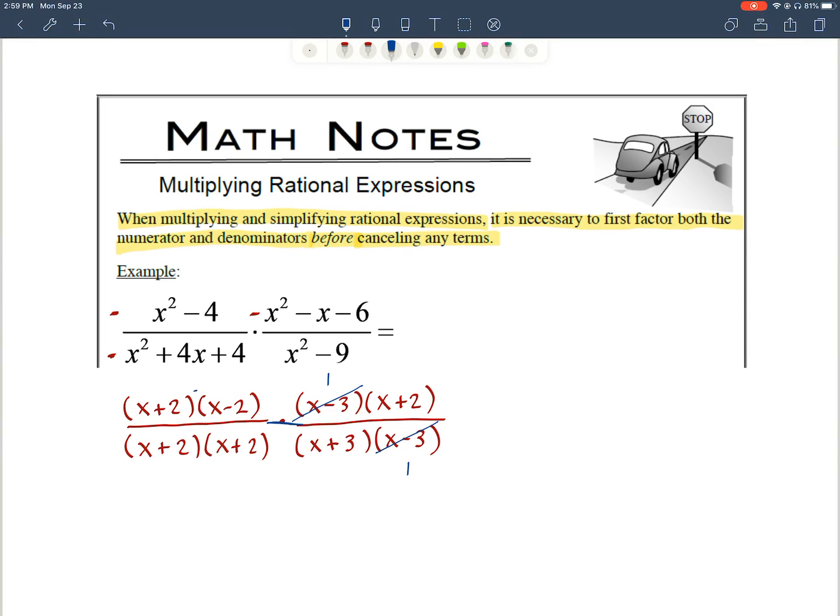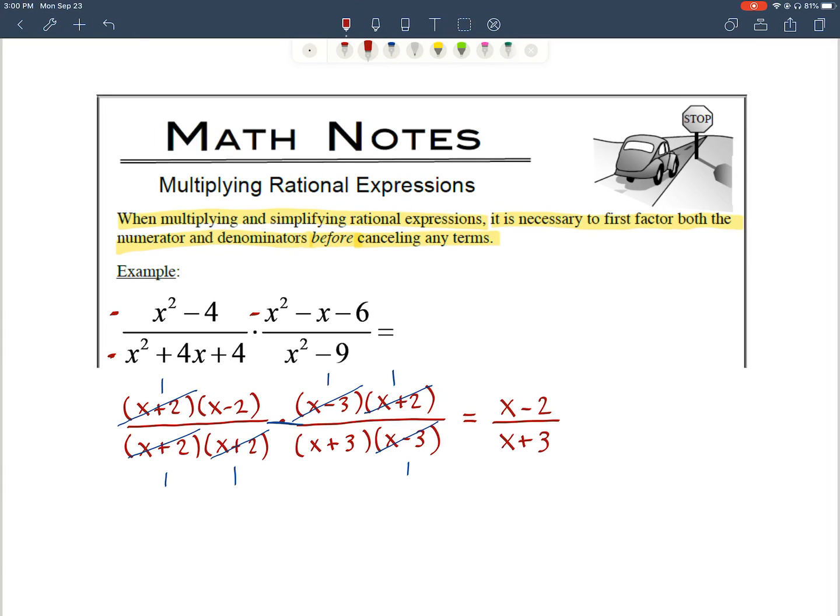I have an x plus 2 here and an x plus 2 here, which would end up being 1 for each of those. And it looks like I have another x plus 2 on this one that would cancel out with this x plus 2 up here. In the end, when we multiply it straight across, it's like 1 times the quantity of x minus 2 times 1 times 1. So that ends up being just x minus 2 over, on the bottom we should get x plus 3.